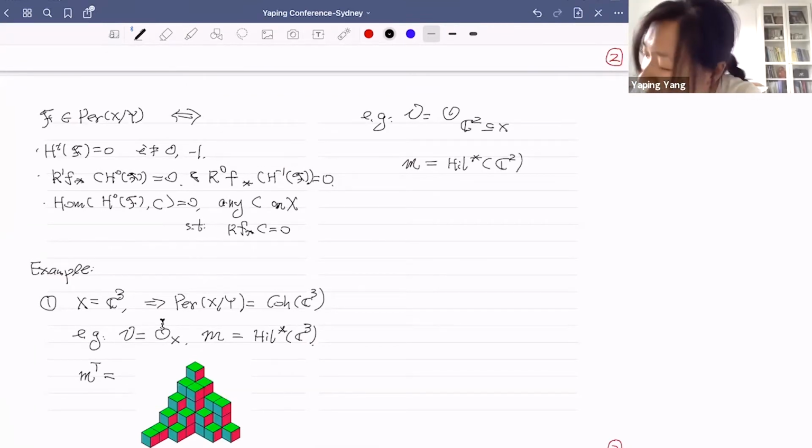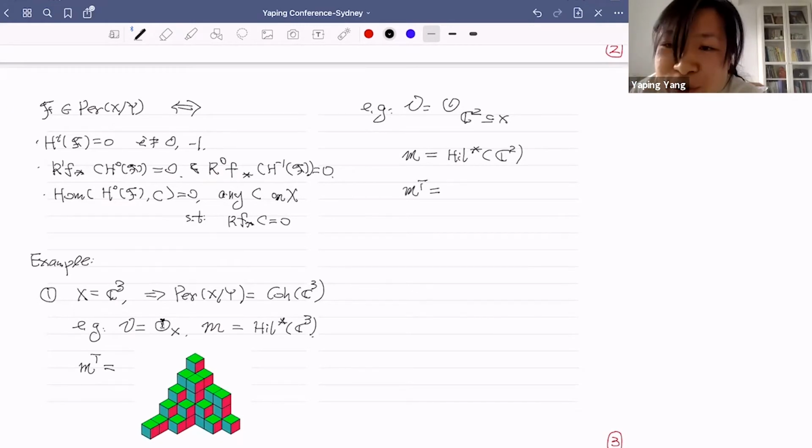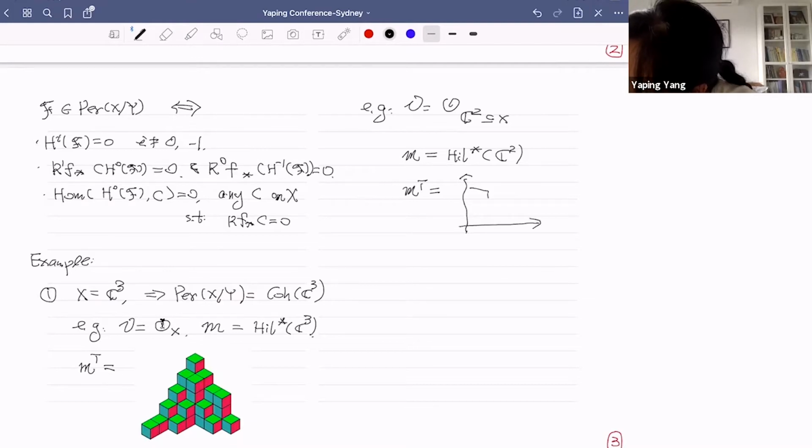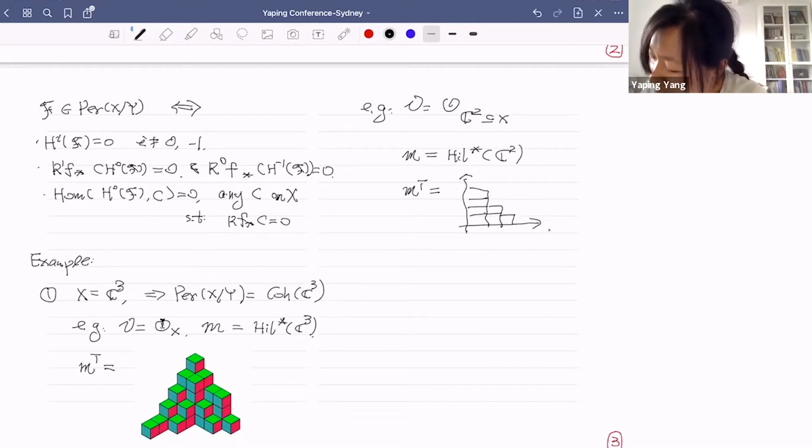Okay, so this is the moduli of ideals in a polynomial ring with 2 variables, and the torus fixed points are all the monomial ideals of 2 variables. So this is all the partitions. Okay, so that's a second example.